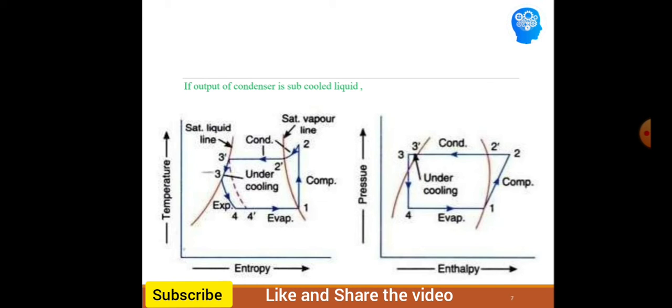The refrigeration effect is high in this system. There is also a superheated zone in this system.